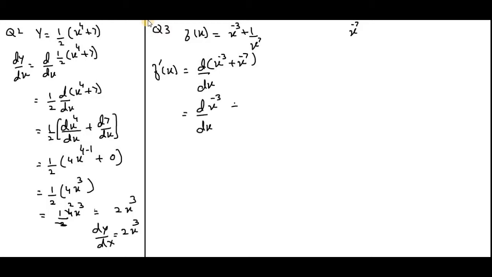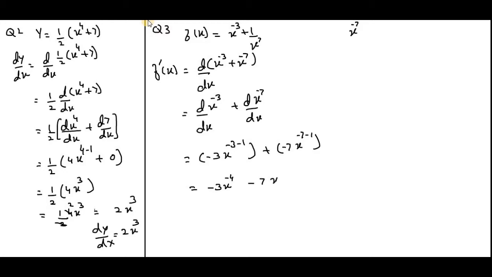So d by dx x raised to power minus 3 plus d by dx x raised to power minus 7. So applying power rule, minus 3 x raised to power minus 3 minus 1 plus minus 7 x raised to power minus 7 minus 1.